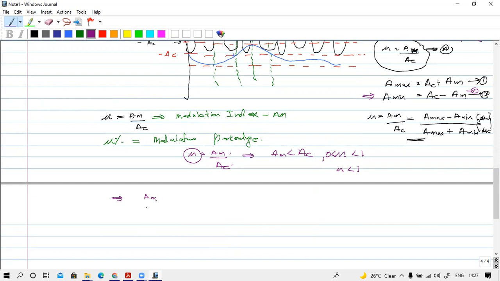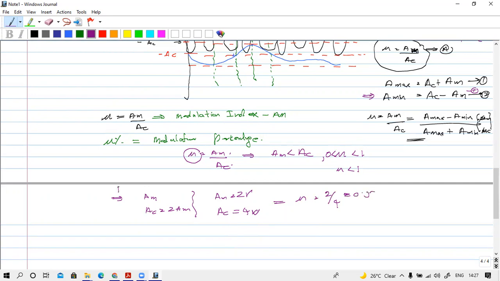If you get AC as double the amplitude of AM, I will give an example. You get AM as 2 volt, so the carrier signal amplitude is 4 volt. So what is the mu? Mu is 2 by 4, that is 0.5.